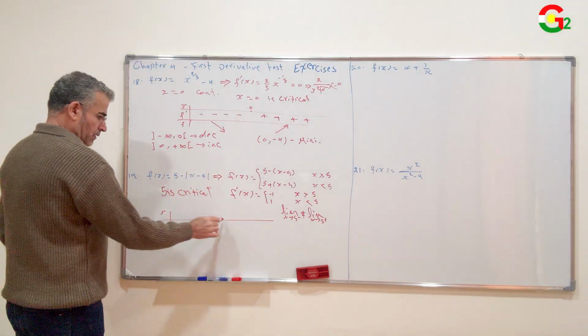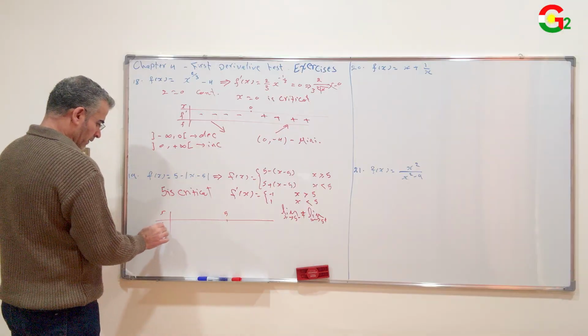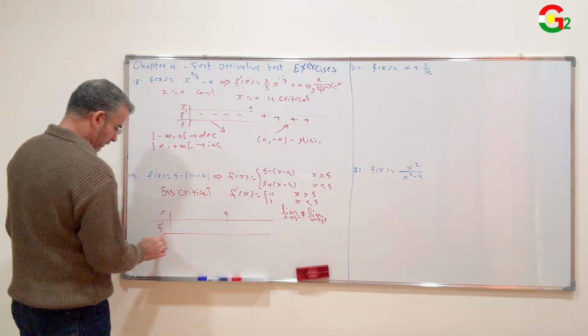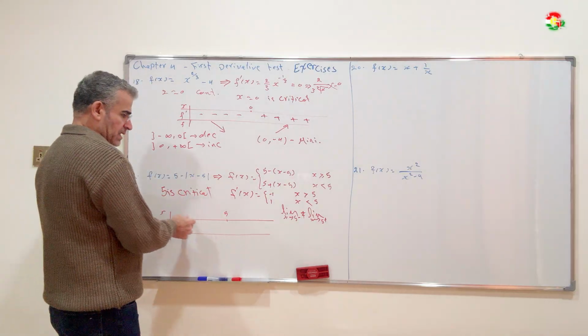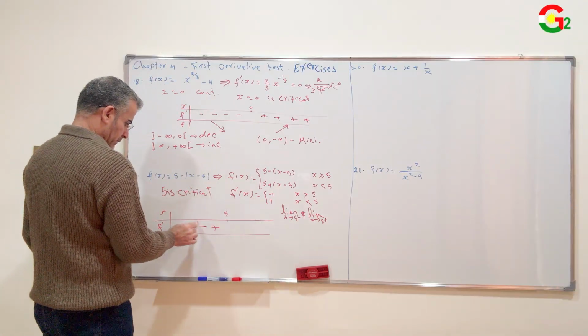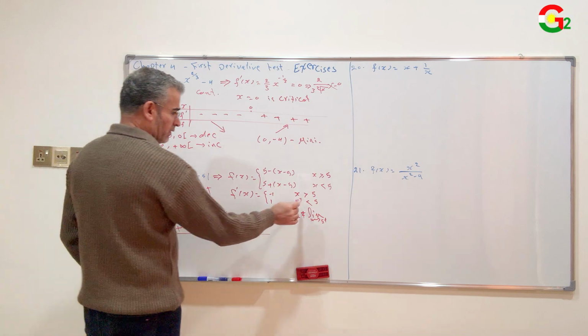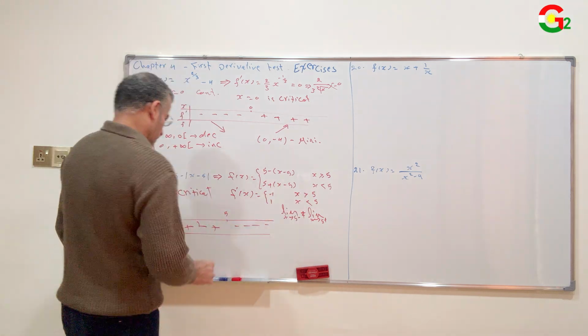Find the value of the derivative before and after 5. When x is less than 5, the derivative of the function is 1, positive. When x is greater than 5, the derivative is negative.